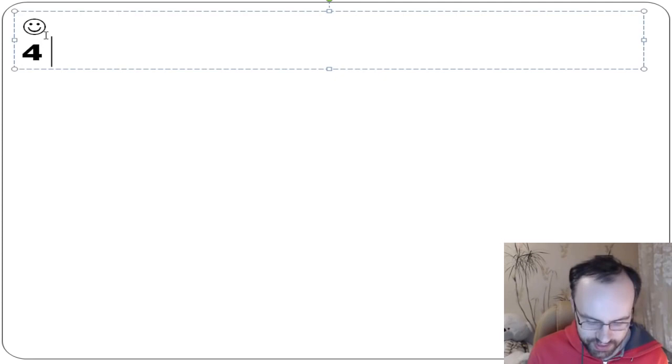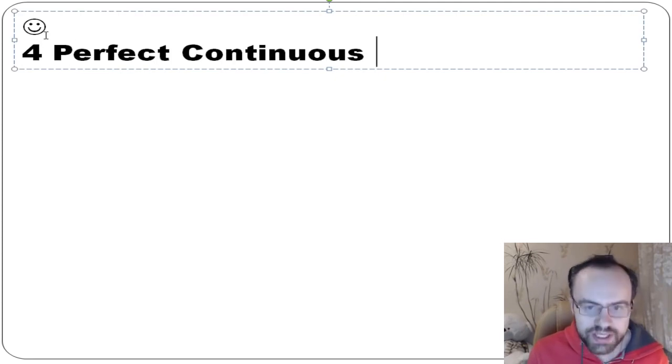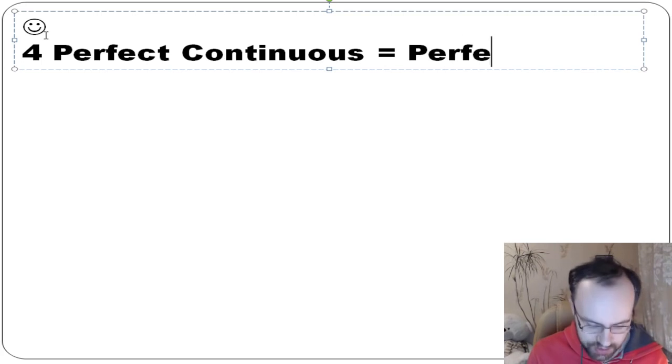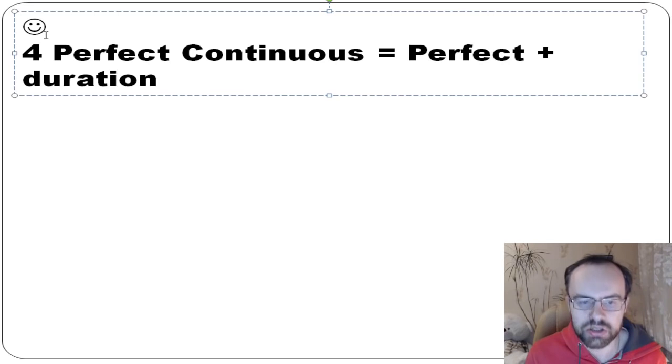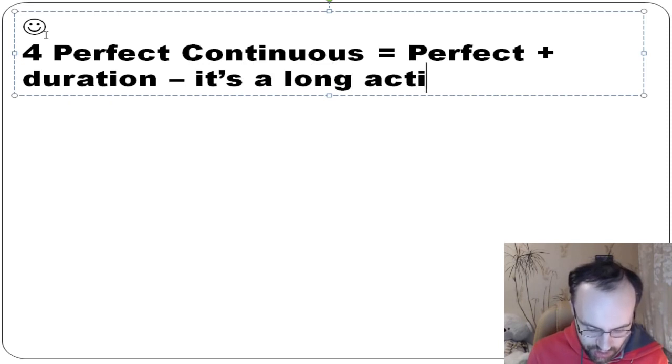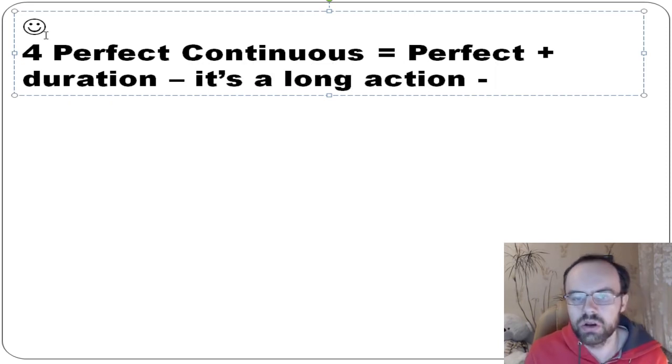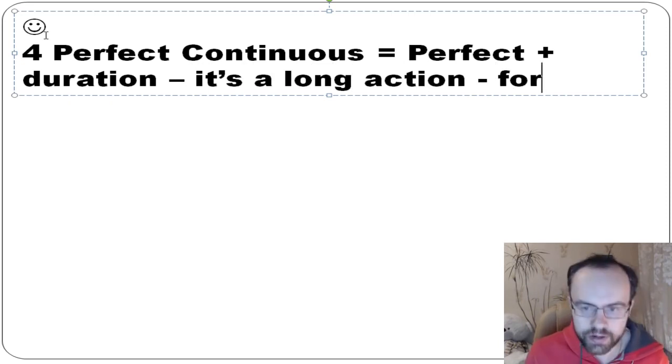you just need to understand a very important thing. It's like the group perfect, but when there is a duration. Duration means a long action. We also often use it with special words like "for."